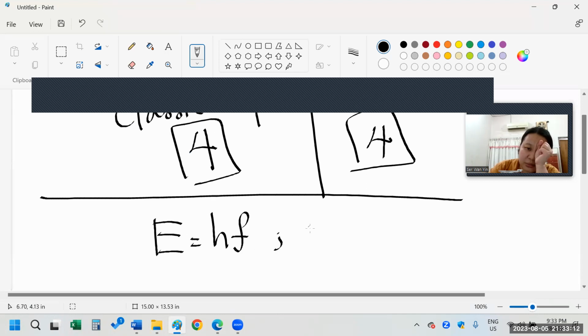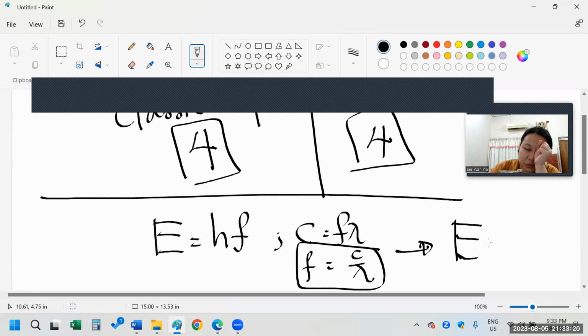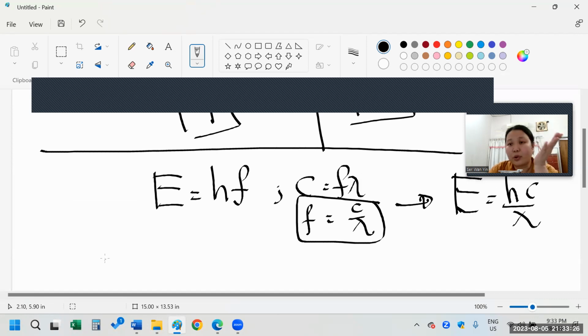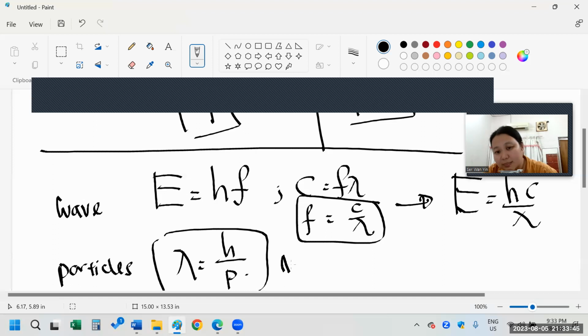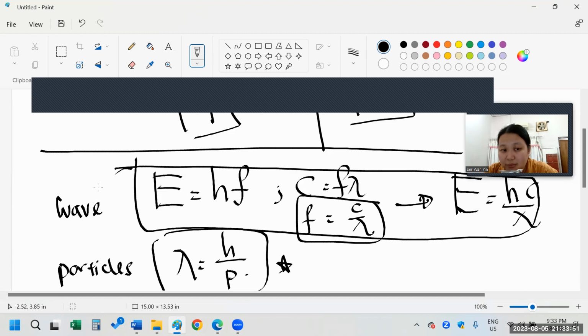Then we can substitute c equals f lambda, f equals c over lambda, so we get E equals hc over lambda. And because of de Broglie, he said light is a wave and also particles, so we get lambda equals h over momentum. One more formula we will try next week. This week we only try E equals hf.